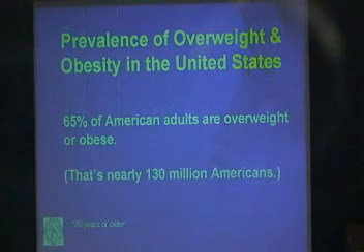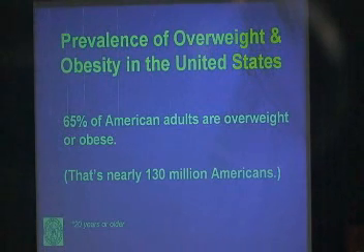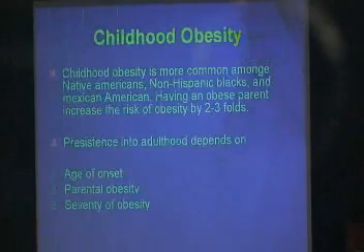This is taken from the public health publication. Prevalence of overweight and obese individuals in the United States: around 65% of American adults are either overweight or obese. That means nearly 130 million Americans are either obese or overweight.